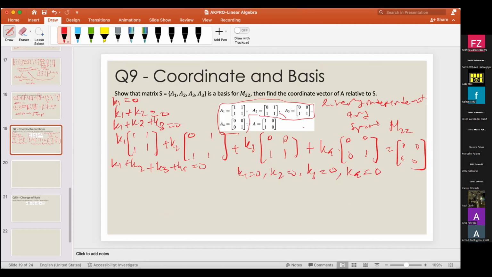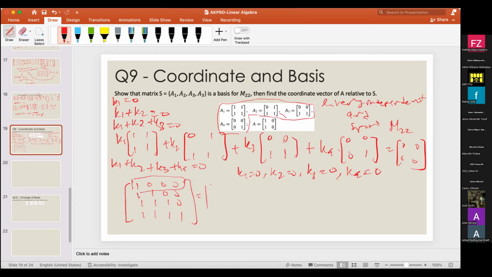And then, in order to prove that it spans M22, we have to find the determinant. This is the determinant of the matrix with rows 1, 1, 1, 0, 0, 0, 0, 0, 1, 1, 1, 0, and 1, 1, 1, 1. As you can see, this is a diagonal matrix with this being the diagonal. Or if you would rather do cofactor expansion on the first row, go ahead.